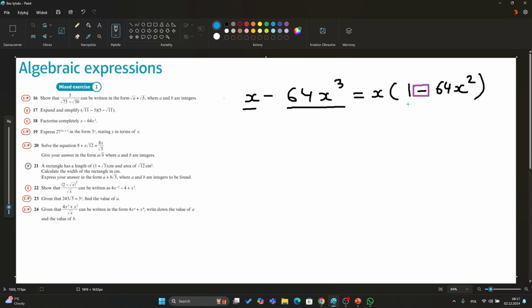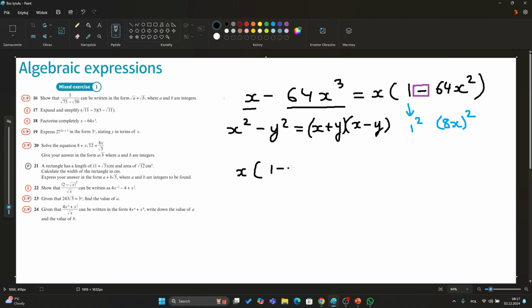So here 1 could be squared, and here 8x could be squared. So using the formula x squared minus y squared equals x plus y times x minus y, we can say that it is x times 1 minus 8x times 1 plus 8x.